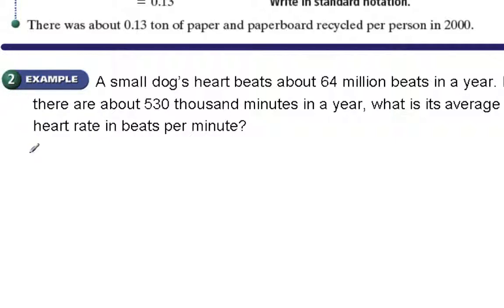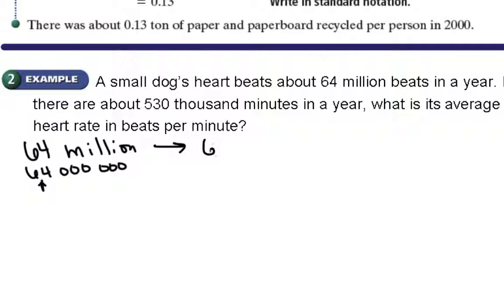I am going to do something different than we did in class, and that is I'm going to write this out as scientific notation. So we know our decimal goes here because it goes to the right of your first non-zero number.